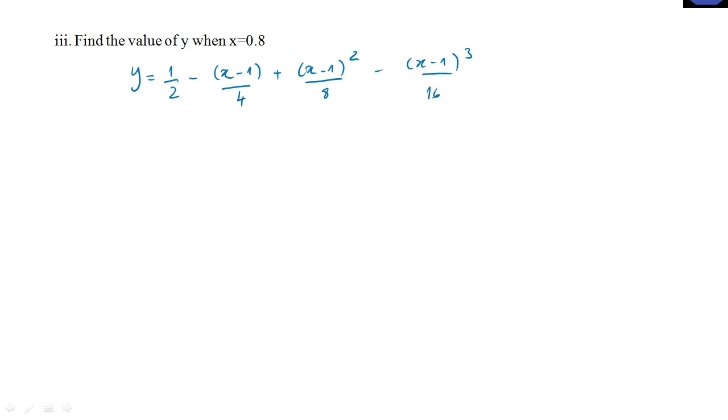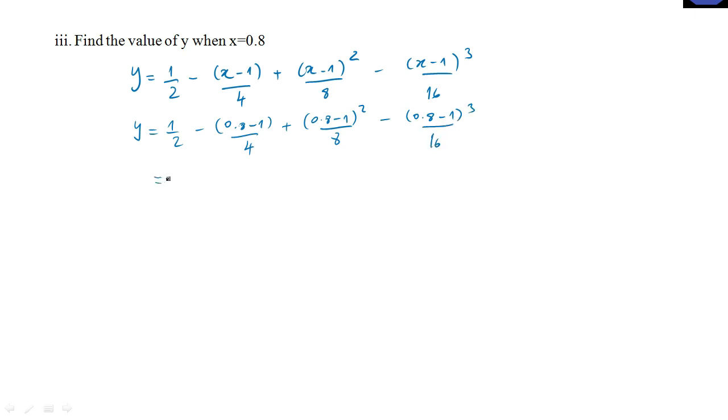We're just going to substitute x as 0.8, so y is equal to half minus (0.8 minus 1) over 4 plus (0.8 minus 1) squared over 8 minus (0.8 minus 1) cubed over 16.